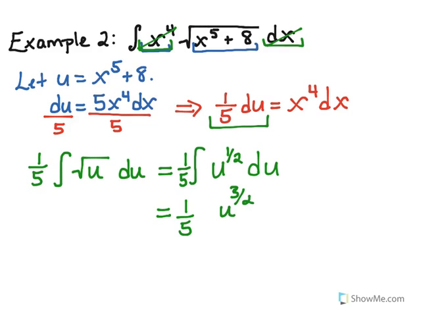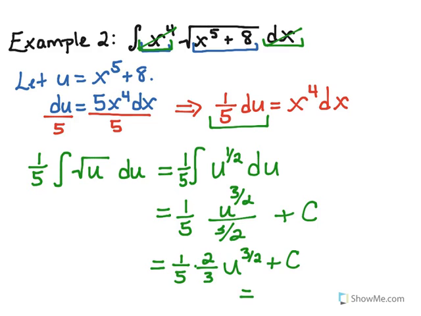And then I have to divide by 3/2 and put my plus c. But we all know that dividing by a fraction is the same as multiplying by the reciprocal, so I really have 1/5 times 2/3 and then u to the 3/2 plus c.